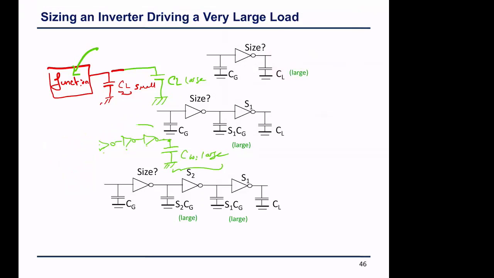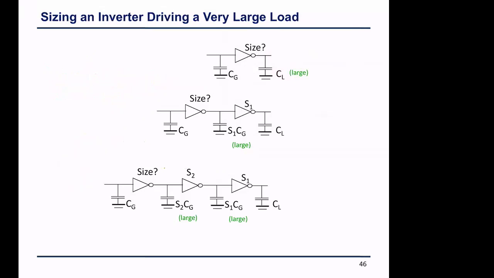So we are going to start by looking at the inverter delay reformulated so that it is a function of its own capacitance and the capacitance of the load, or the next stage that it is driving.